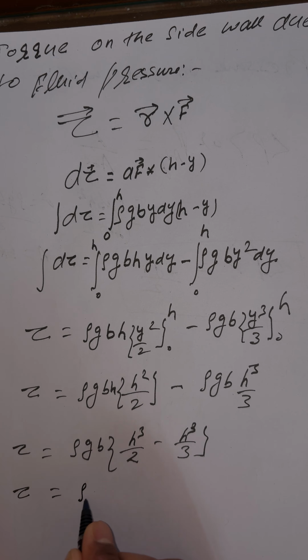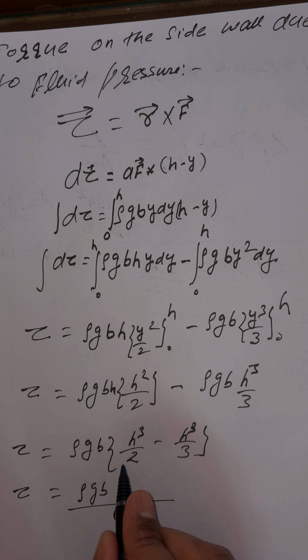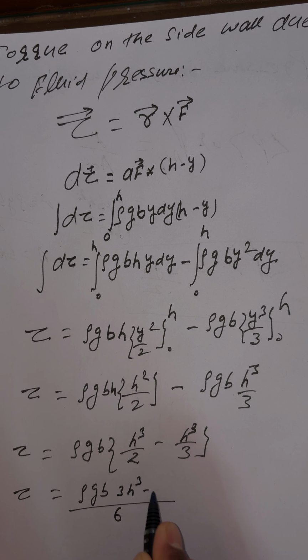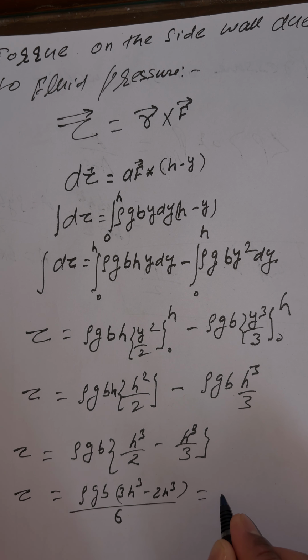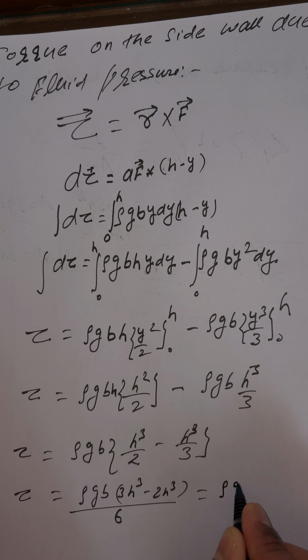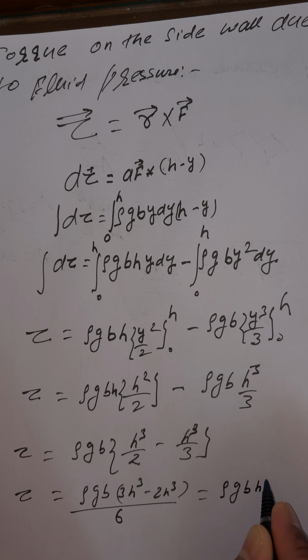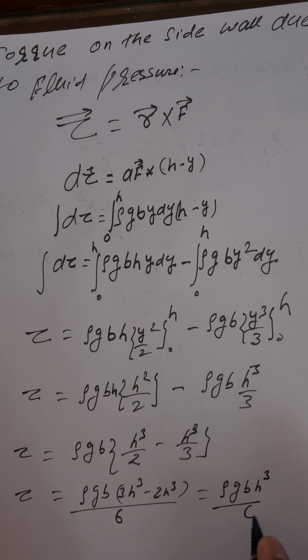Torque is equal to rho g b upon 6 into 3 h cubed minus 2 h cubed. So this is 3 minus 2, 1. So you can say torque is rho g b h cubed by 6.